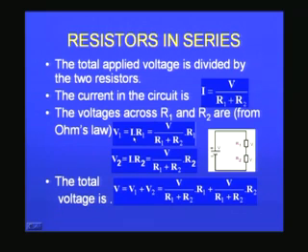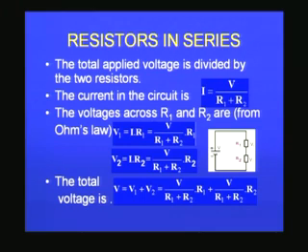Current is I, resistance is R1, and instead of I, write V by R1 plus R2, which we know as the current in the circuit. Therefore, V1, the voltage across R1, is given by V by R1 plus R2 times R1, corresponding to I times R1.